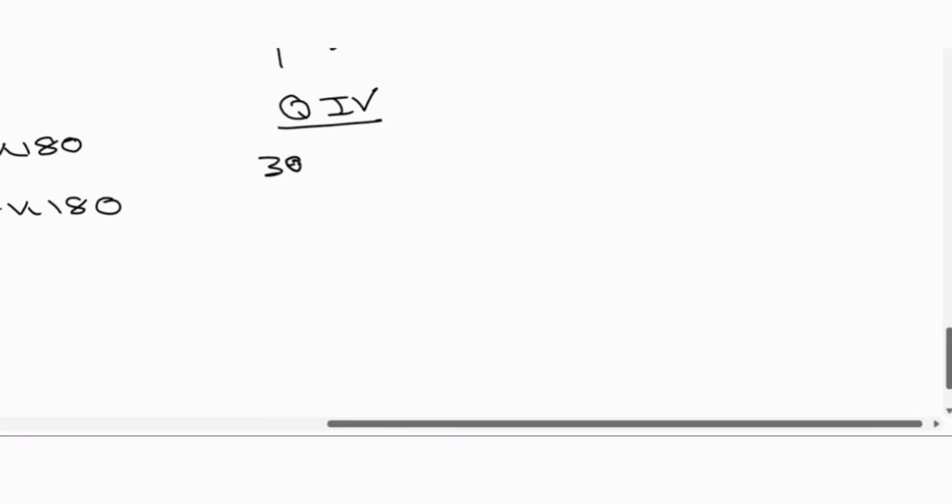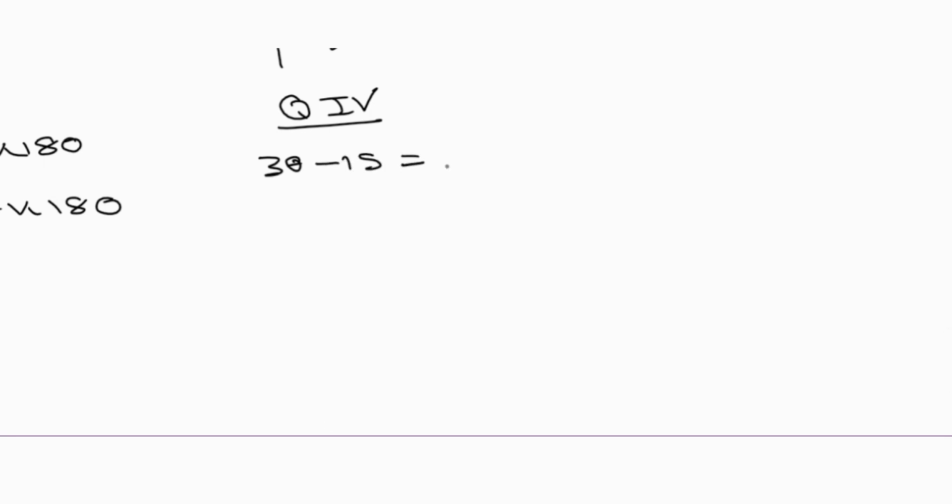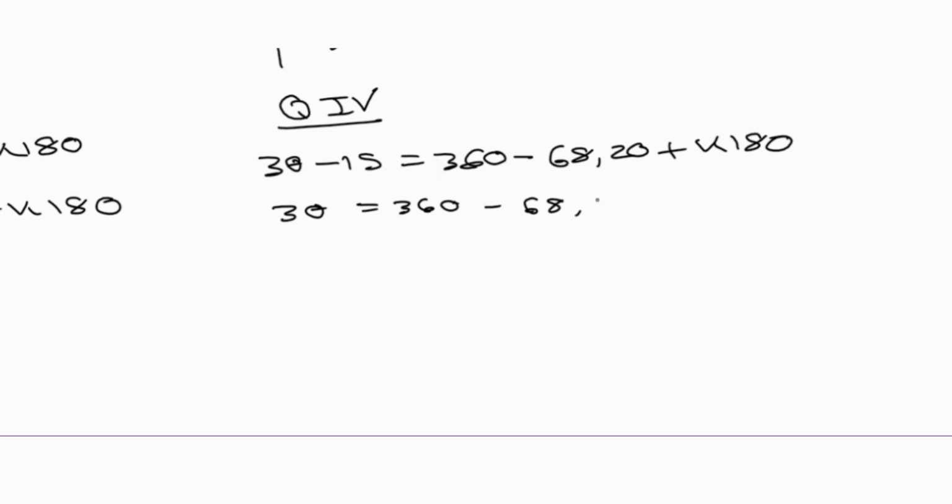If I say 3 theta minus 15 is equal to, remember this one is 360 minus 68,20 plus K180. And that's 3 theta is equal then to 360 minus 68,20 plus 15 on this side. Because remember, if I plus 15 on this side to get rid of that minus 15, I must plus 15 on this side as well.